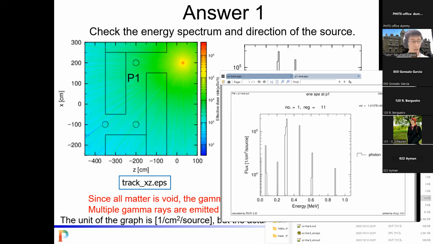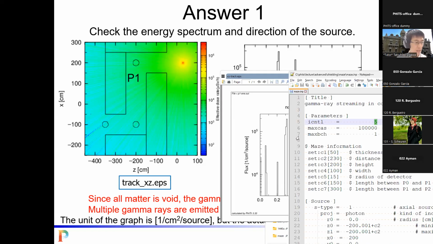Actually, in this calculation, EGS is not defined using a -1. So we use Fitts native algorithm instead of EGS. In this case, photons are transported and electrons are not transported.